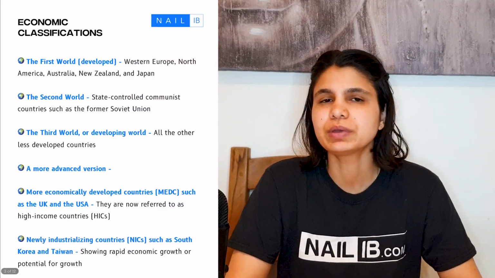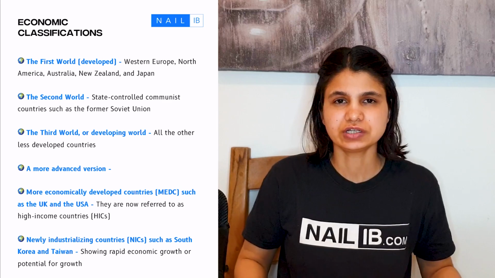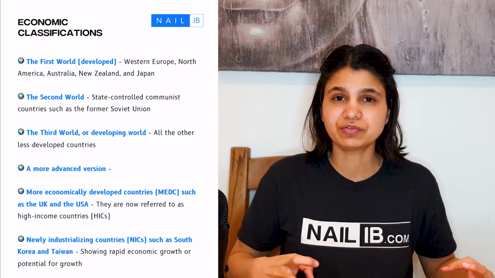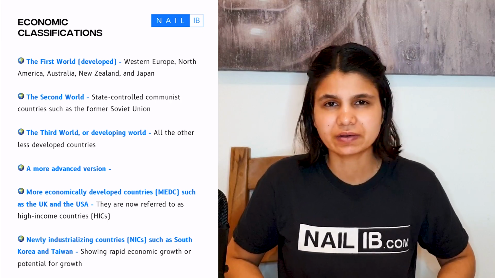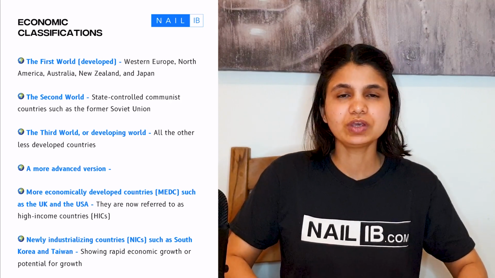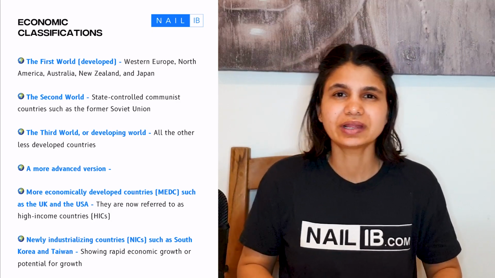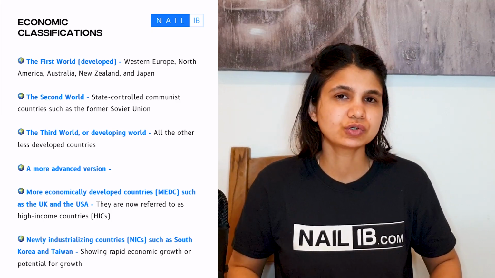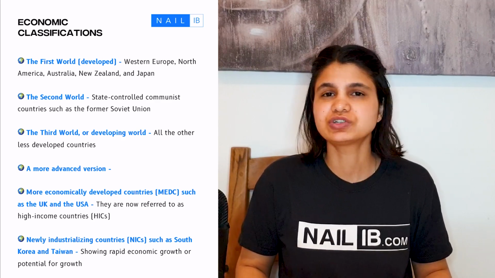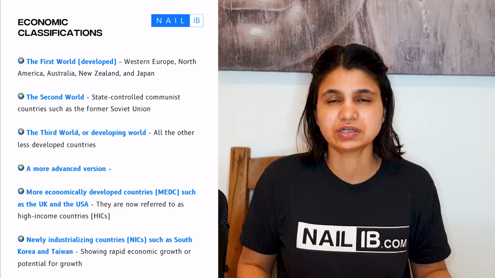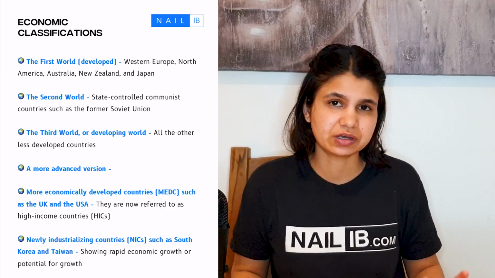The economic classification, there is a thing where we have divided countries into groups. We put them in different blocks because they share some similar characteristics. So, for example, we used to have a classification of the first world and the second world and the third world countries, wherein the first world is the equivalent of the most developed countries, the countries in Western Europe, the countries in North America or Oceania.